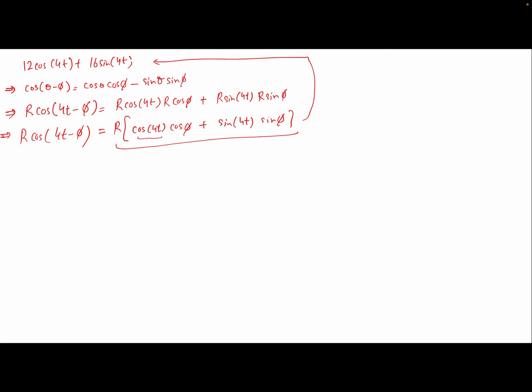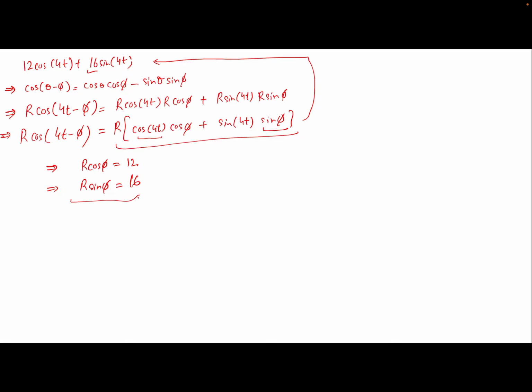I already have cos of 4t. So can I write R cos of phi as 12 and R sine of phi over here as 16, right?